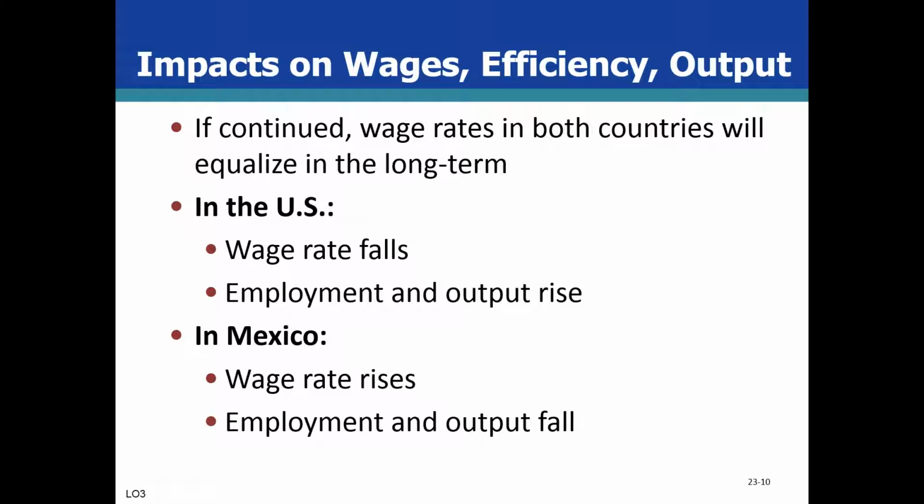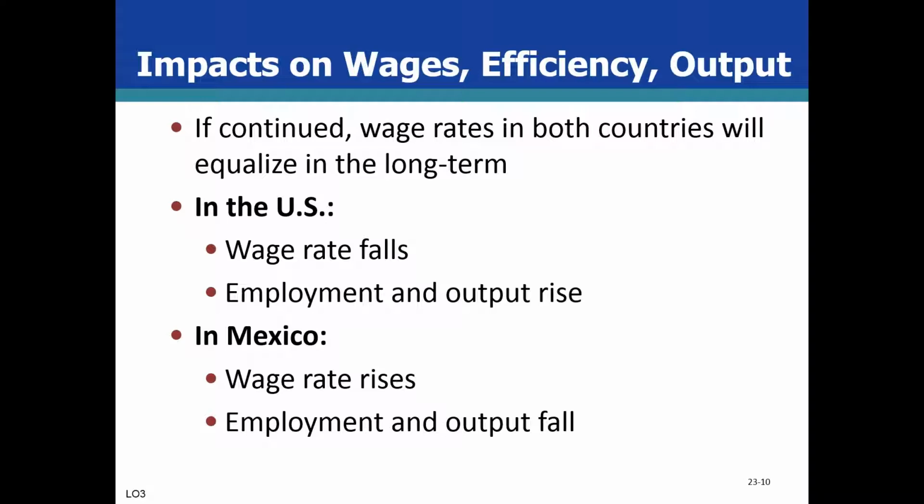Some have argued that the need for labor in certain sectors of the U.S. economy is one of the reasons that illegal immigration has grown over the years. Conversely, in Mexico, the standard of living actually increases as wages increase.